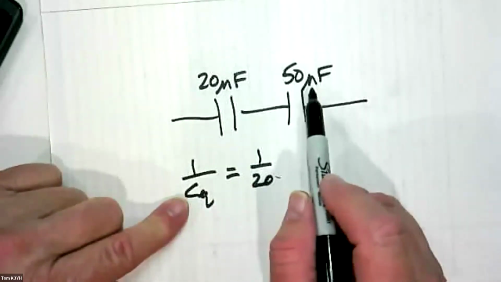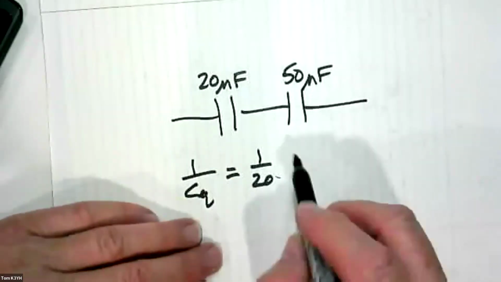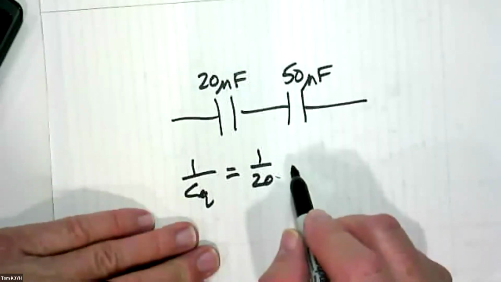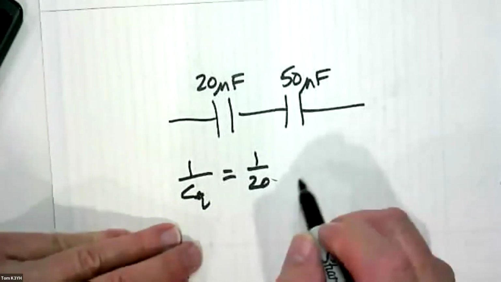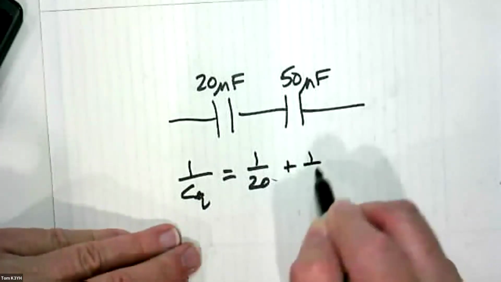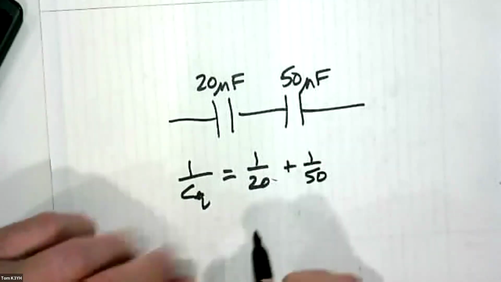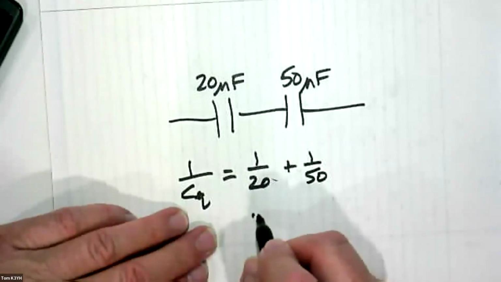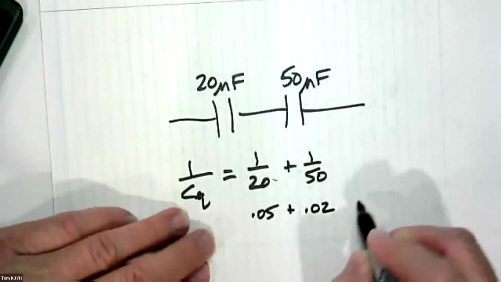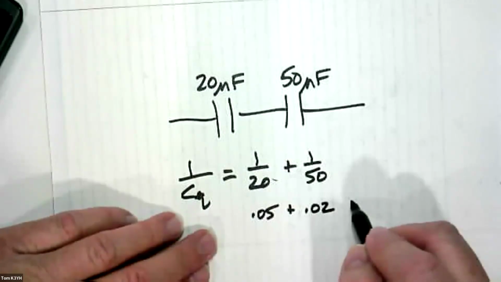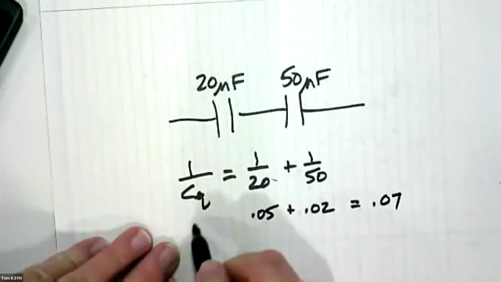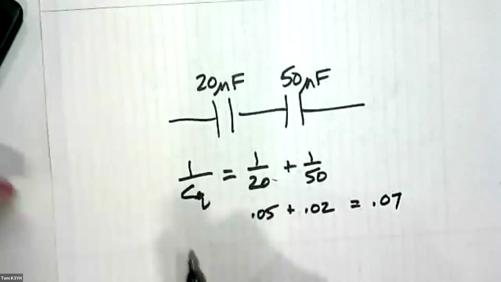As long as I know that everything is the same units, I can kind of ignore it. The answer will be in microfarads. So I've got 1 over 20 plus 1 over 50. Right, so this is 0.05 plus 0.02, which is therefore 0.07. Then I have to invert it.